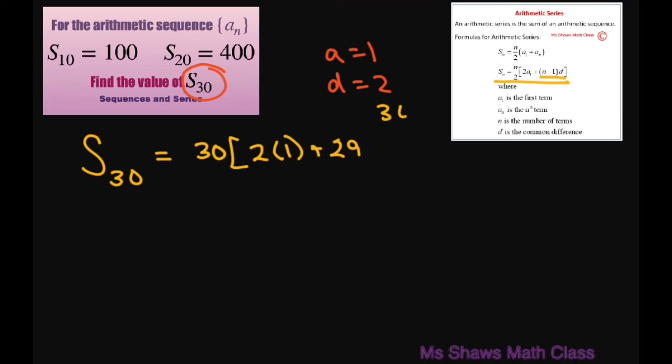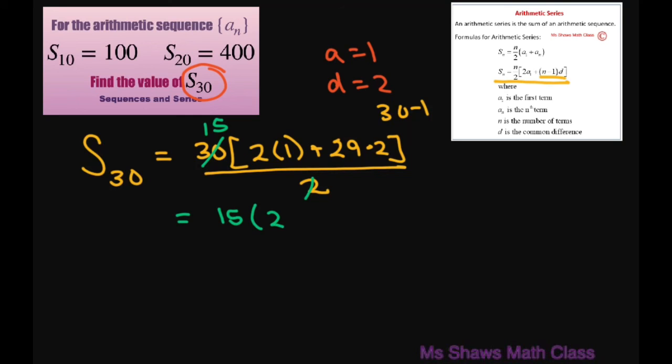So it's 30 minus 1 times d, and d is 2. And this is all divided by 2. So basically this gives me, if I take this and go into 15 times, 15 times 2 plus 58, and this is going to equal 900.